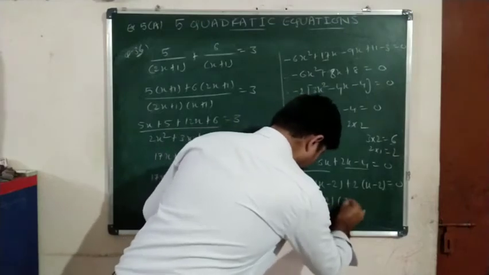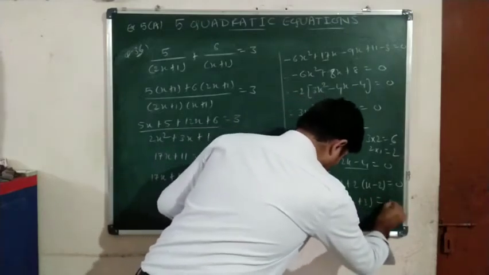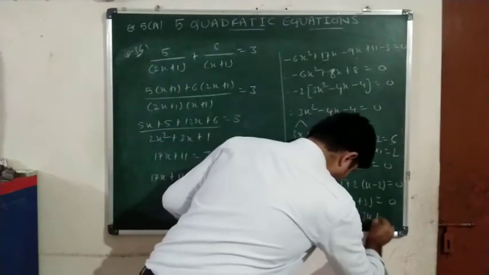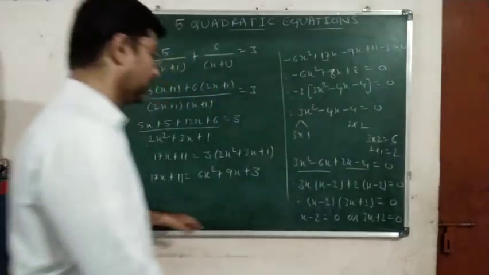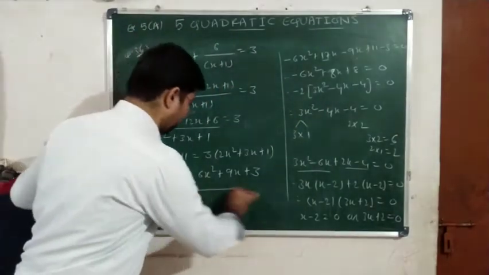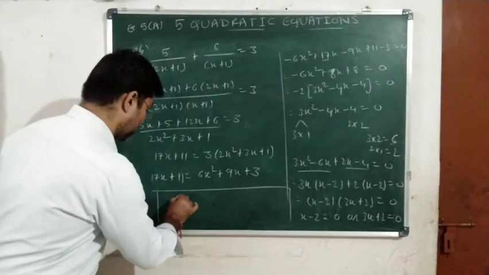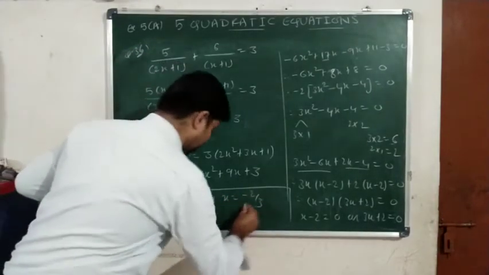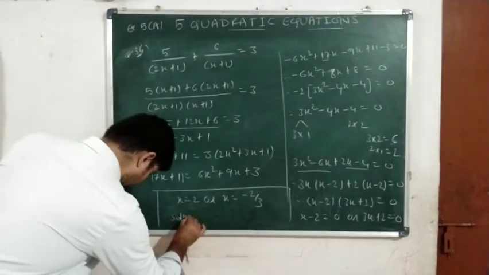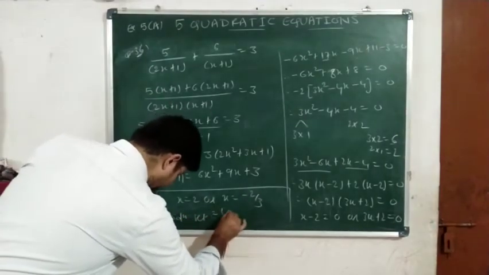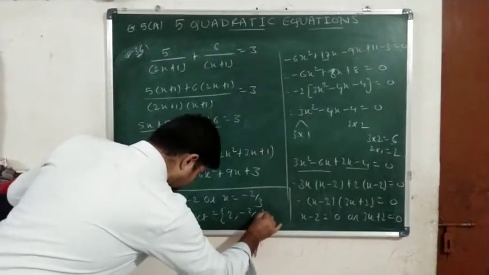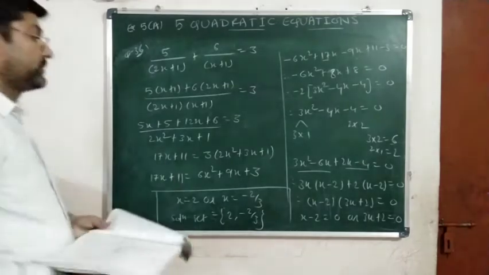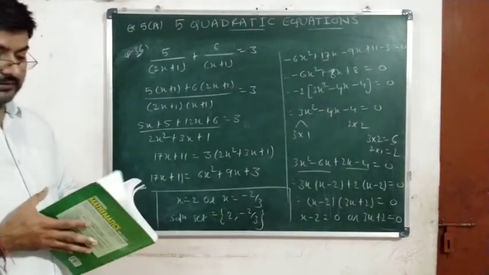Therefore x minus 2 and 3x plus 2. Therefore x minus 2 is equal to 0 or 3x plus 2 is equal to 0. And therefore we can write down over here the final answer. x is equal to 2, minus 2 by 3, and therefore the solution set will be 2 comma minus 2 upon 3. This is question number 36.